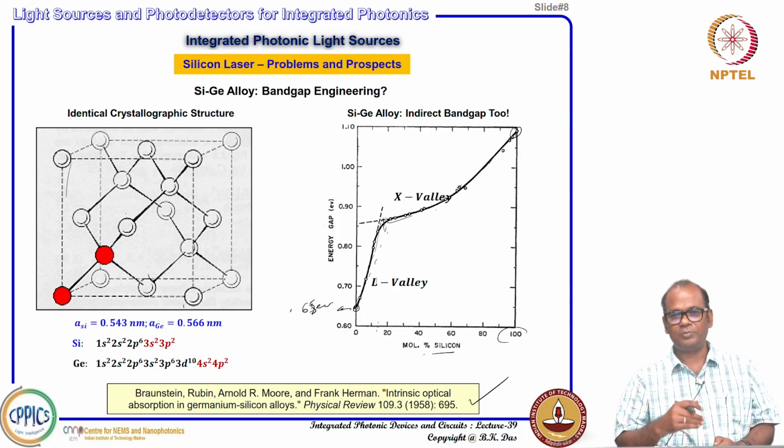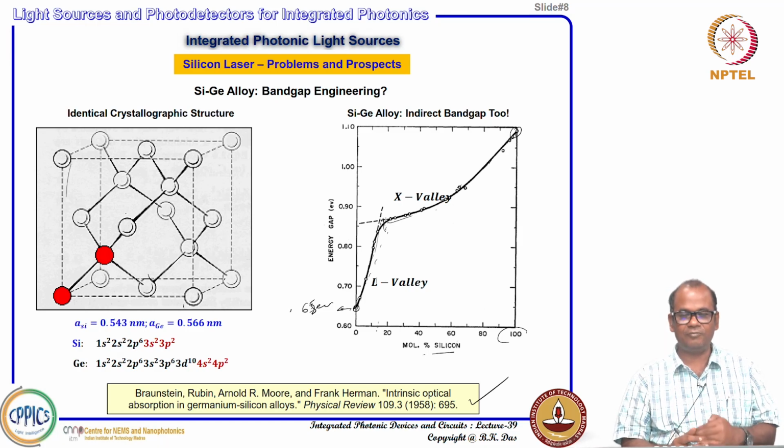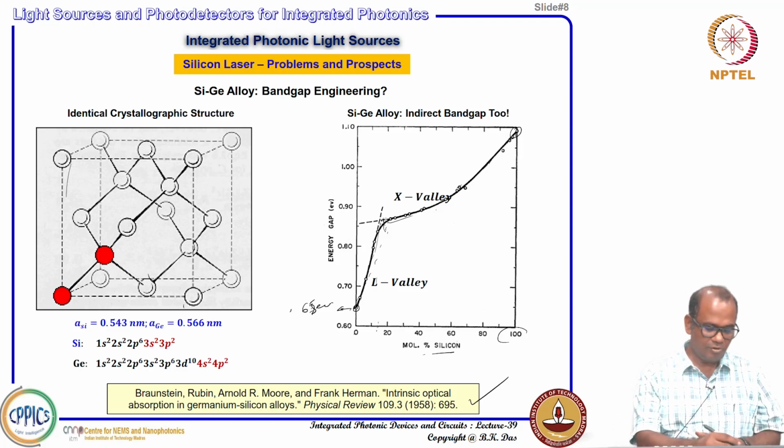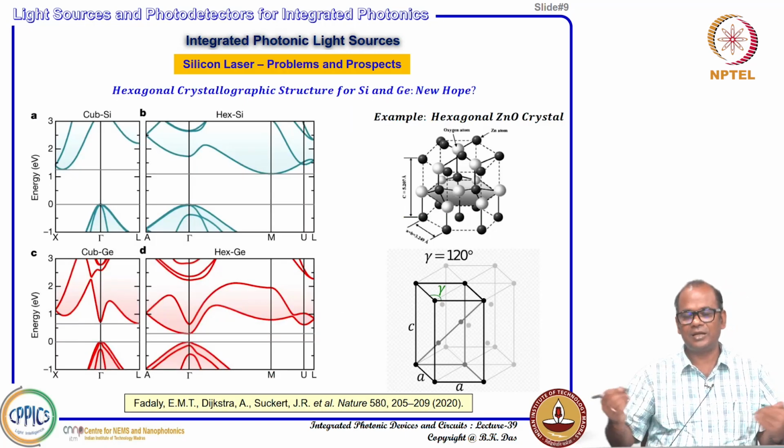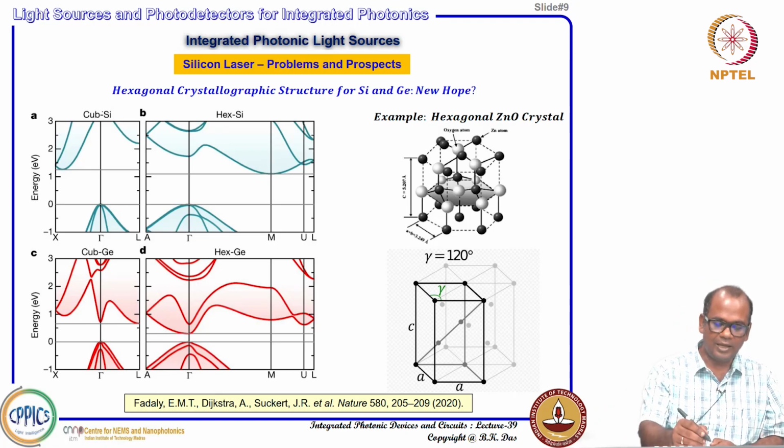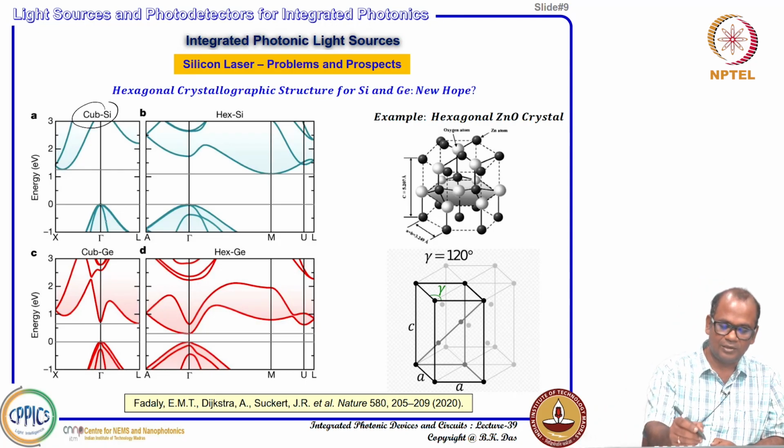Now people tried, okay, if we can grow it a little bit differently, with a different arrangement of atoms. So instead of cubic crystal growth, when you see cubic silicon, the band structure looks like this. This is the valence band, and this is the silicon conduction band coming like this.